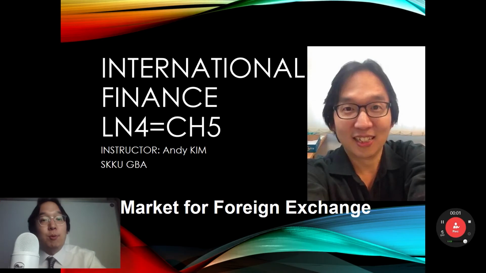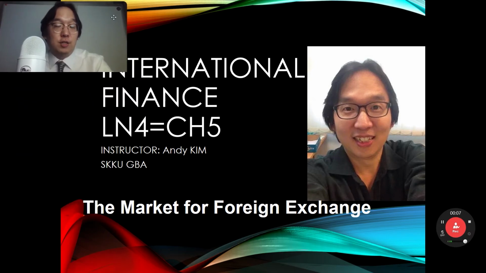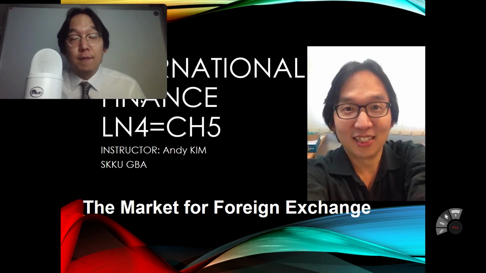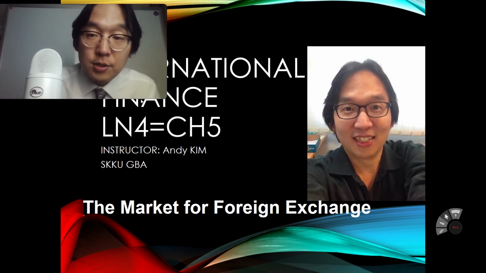So today's portion is about Chapter 5, Market for Foreign Exchange, right? The market for foreign exchange. So it's going to be about the basic convention in this FX market, right? So let's go.